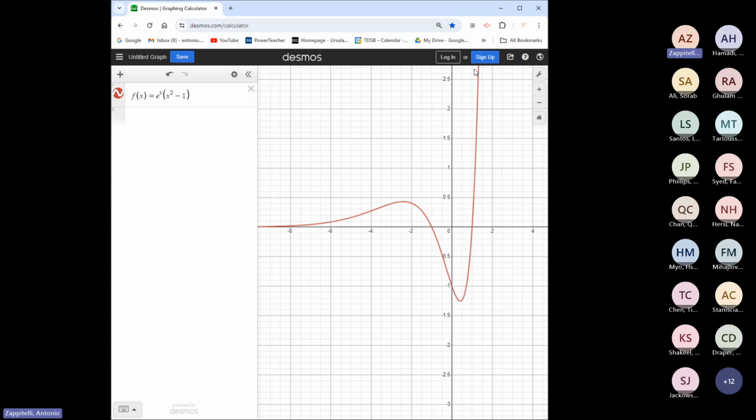Now remember what we said: we expected the first derivative to be increasing if it's concave up and decreasing if it's concave down. So let's test this first derivative and see if our first conjecture was correct.